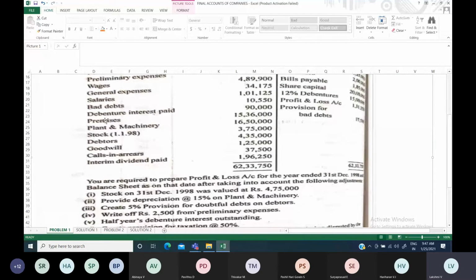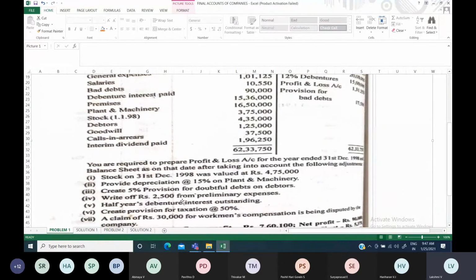And moving to plant and machinery. Plant and machinery is 16,50,000, but depreciation is given as 15%. So you have to calculate the depreciation amount. 16,50,000 into 15 by 100 we have to find out for depreciation.